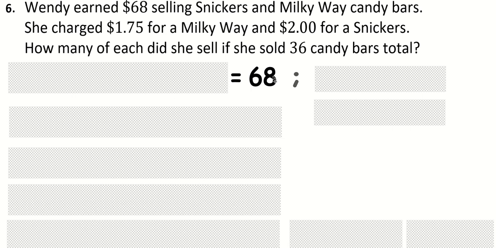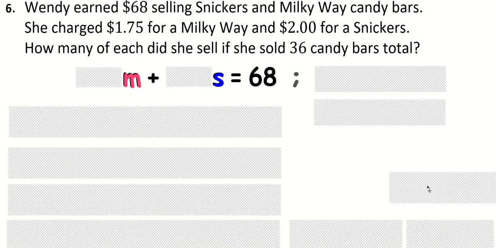what would be our equation that would represent how we total up $68? Using the number of Milky Ways, which is unknown right now, we just say M, and the number of Snickers, which we don't know right now, we just say S. How can we stick those in an equation that calculates how we end up equaling $68?